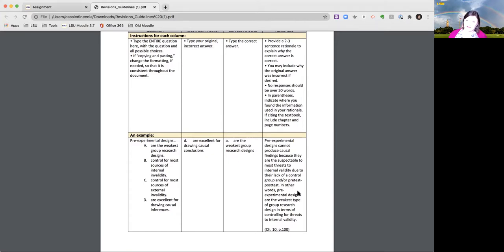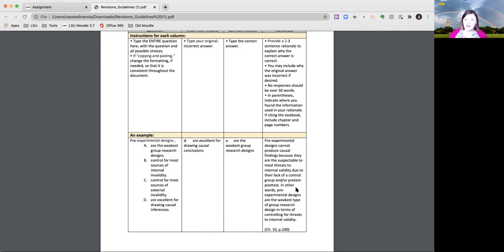In other words, pre-experimental designs are the weakest group research design in terms of controlling for the threats to internal validity. Okay, so that tells me that I know why this is the wrong answer and why this is the right answer. And I've put here where I've drawn this conclusion from, where I got the information in the book.